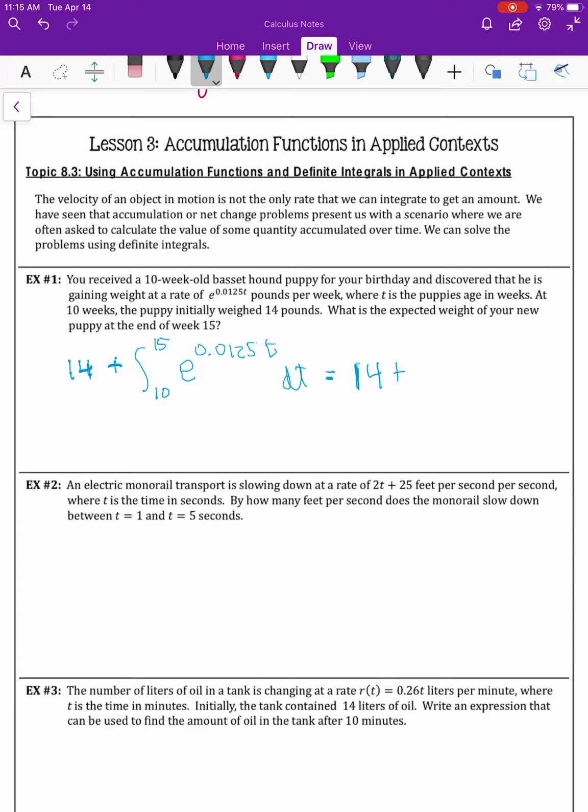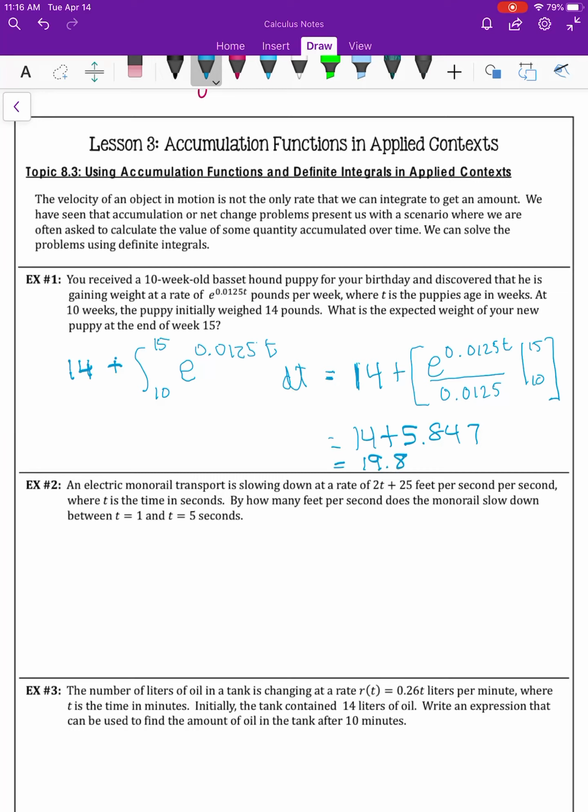So I went ahead and just put this one in my calculator. I know you could have done it without a calculator by taking the 0.0125 and dividing by that. So your integral would have been e to the 0.0125 t divided by 0.0125, from 10 to 15.